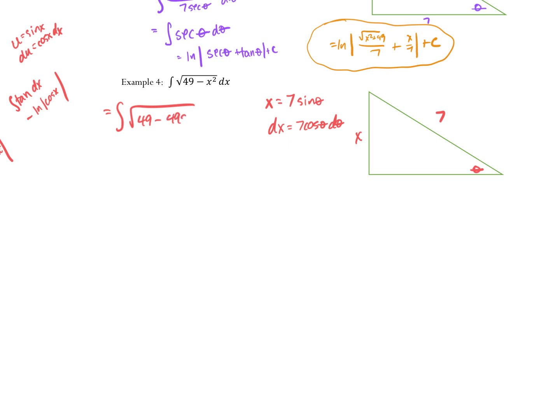Can we just, from the start, write it as 7 minus x? I'm sorry? Can we just take the square root right away? You can't distribute a square root through plus and minus.